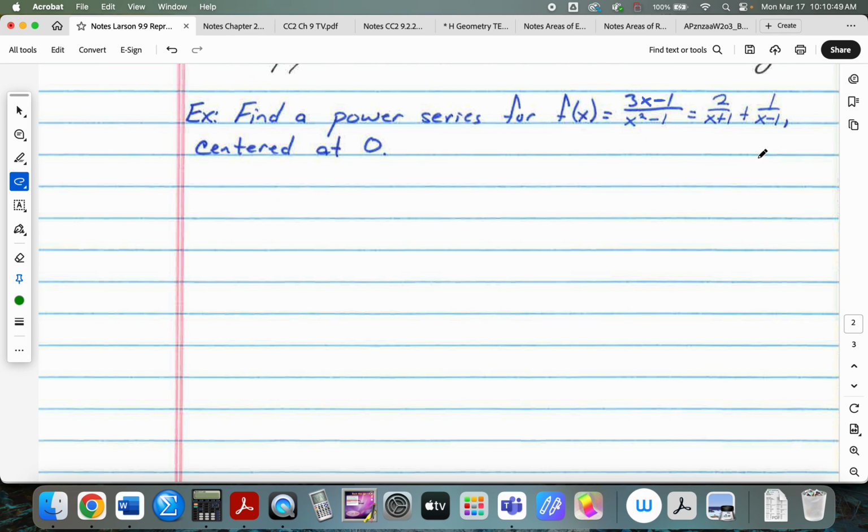So what we're going to do is write this as two different power series added together and then see if we can simplify the result. So 2 over x plus 1, we want it to be a over 1 minus r, right?